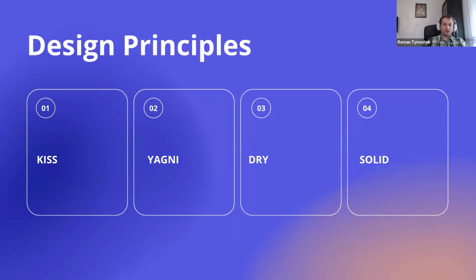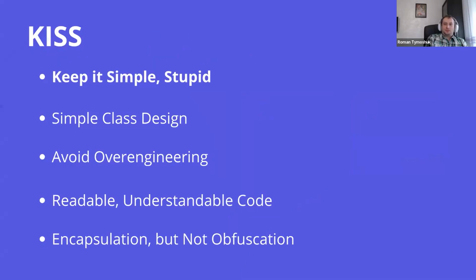Well, KISS, probably it's not a kiss. It's just an abbreviation. And yeah, let's just go one by one quickly. So KISS is an abbreviation from keep it simple and stupid. What does it mean precisely? Do not overcomplicate your solution.